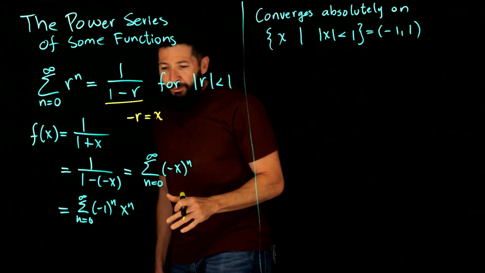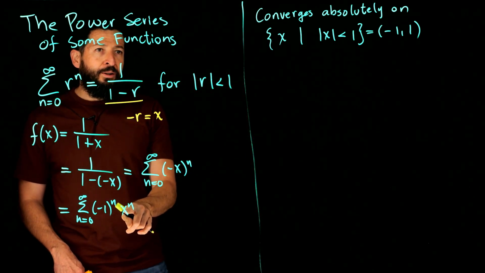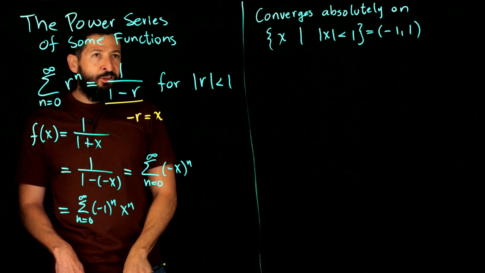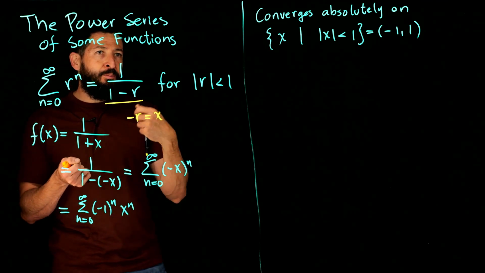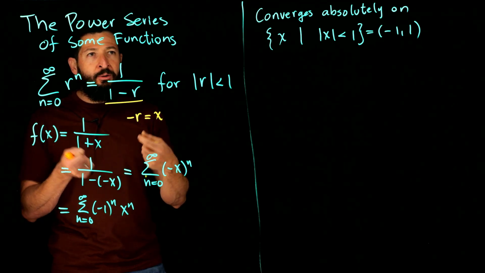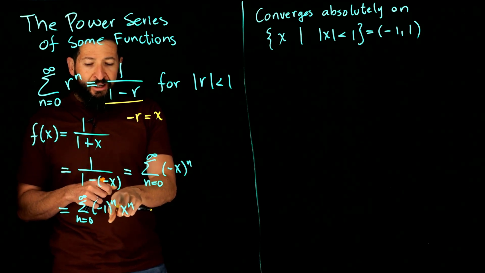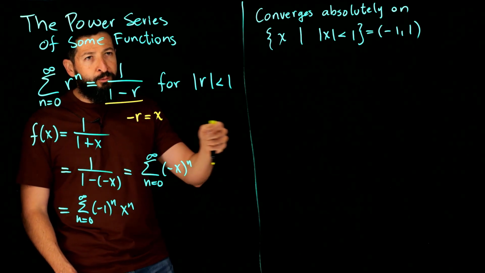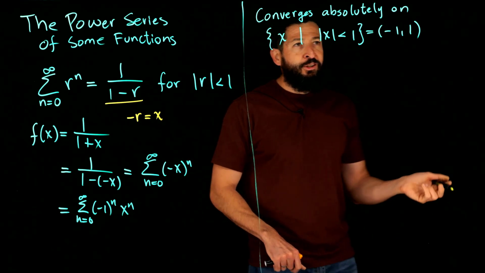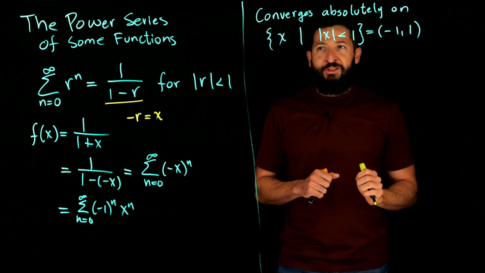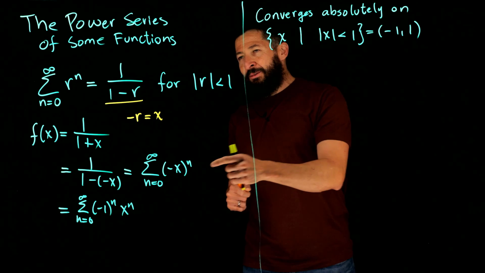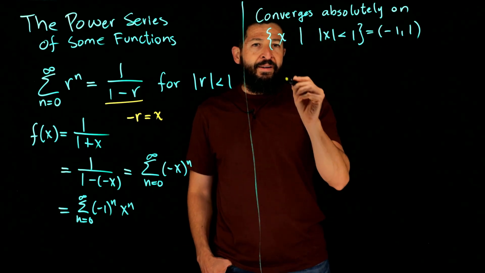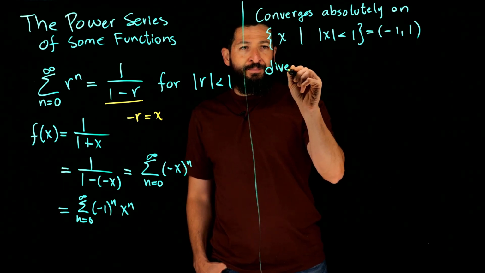And now what happens when x is equal to positive 1? You get the sums that alternate, 1 plus negative 1 plus 1 plus negative 1, which diverges. And whenever x is equal to negative 1, then this just becomes the sum of 1 plus 1 plus 1 plus 1. It diverges as well. So at the endpoints, we know it diverges. Whenever the absolute value of x is greater than 1, it is absolutely going to diverge. So we'll say that it diverges otherwise.